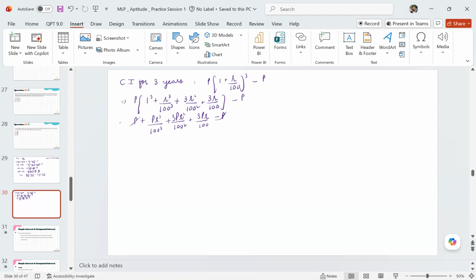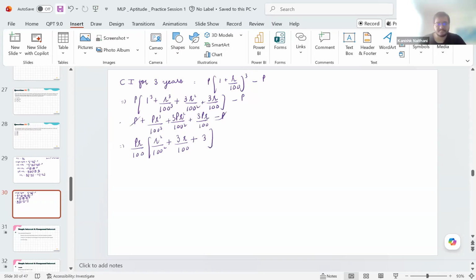P से P cancelled. I'm taking PR upon 100 as common. अंदर बचा R square upon 100 square plus 3R upon 100 plus 3. Okay, this. Yes, guys? Is this clear?